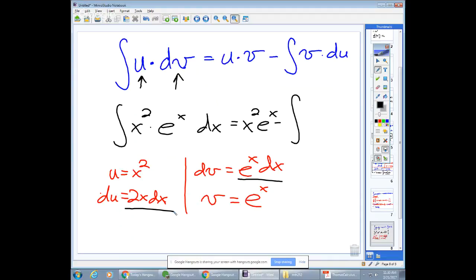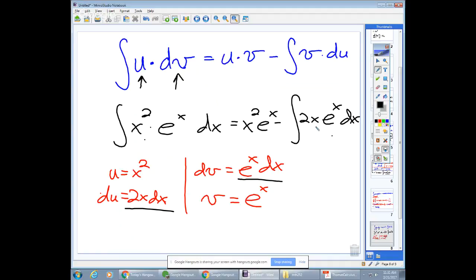So I'm going to write that as 2x e to the x dx. And then I always ask myself, is that integral easier than the one I started with? And the answer is yeah, because I got it down to an x instead of an x squared. So I'm better off.